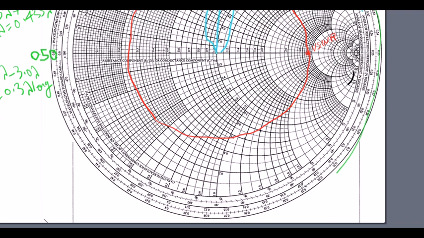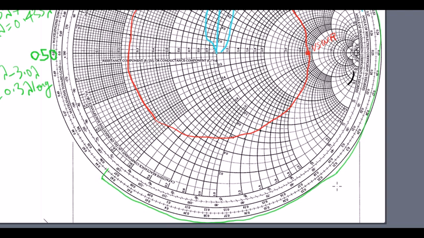We need to find the point 0.435. So it's approximately here.